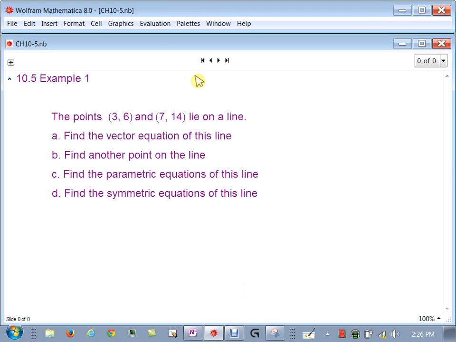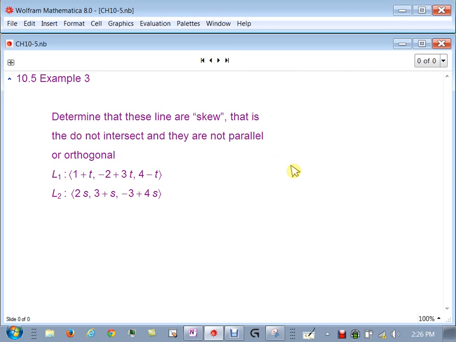All right, so example 3. Determine that these lines are skew. That is, that they do not intersect, and they are not parallel, and they are not orthogonal. And I give you 2 lines.